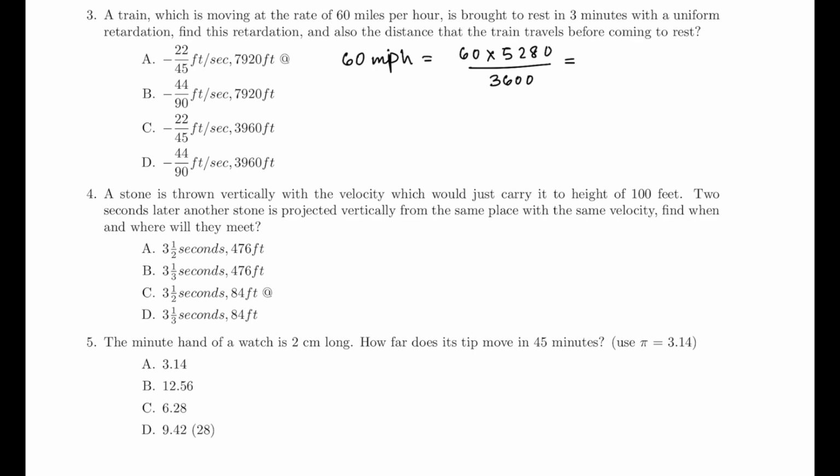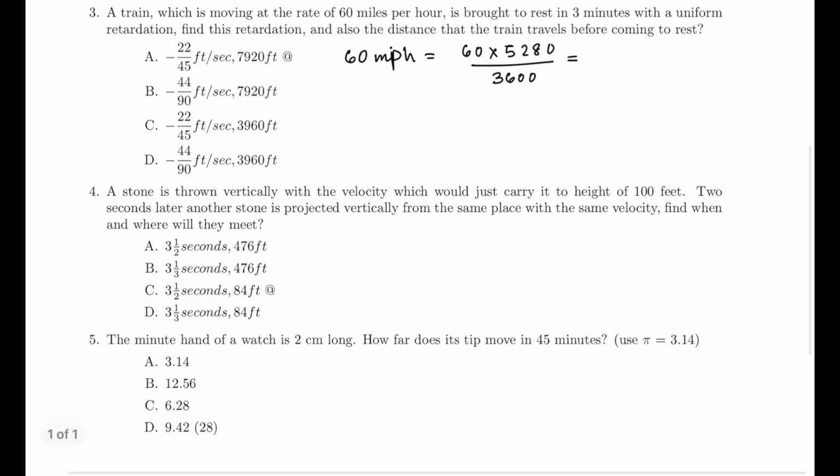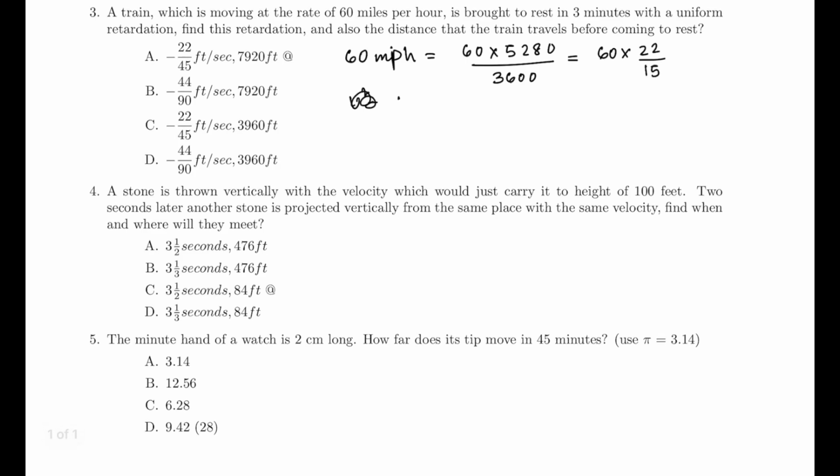Then we need to use the kinematic formula. So this is 60 by 22, 16 into 22 by 15. Now you have to use the kinematic formula. V is u plus at. So when it comes to rest, V becomes 0. That means a is u by t. u is 60 into 22 by 15, t is 3 minutes, which is 3 into 60.